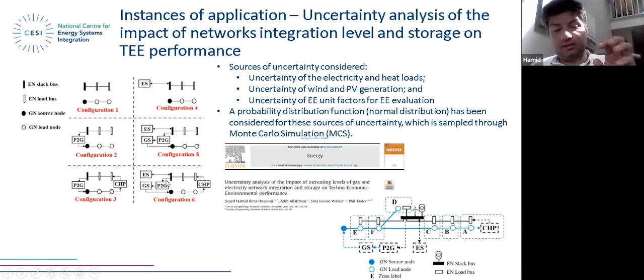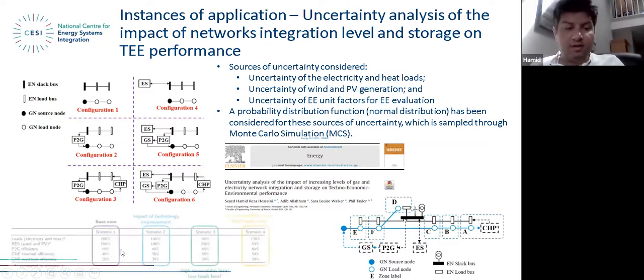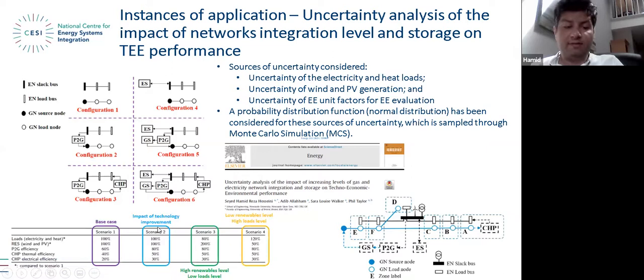Then, as I said, different integration levels and storage devices in this network, also considering the base case, if we have some improvement in technologies, and high renewables at low loads or low renewables at high heat and electricity loads.